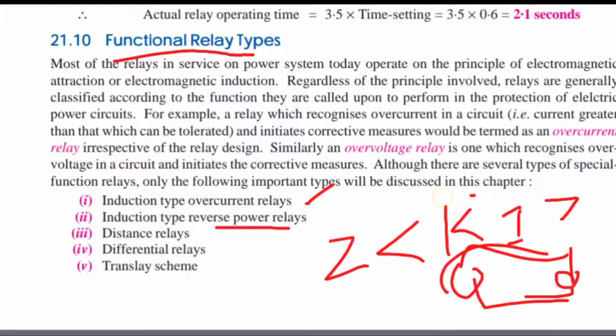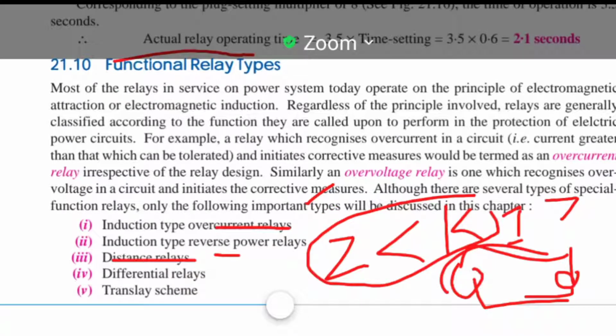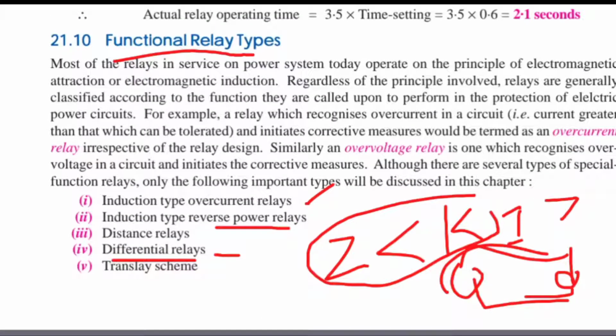Distance relays are nothing but impedance relays; based on impedance they work. Differential relays: a difference in current causes the relay to operate. Where do we use differential relays in power system protection?